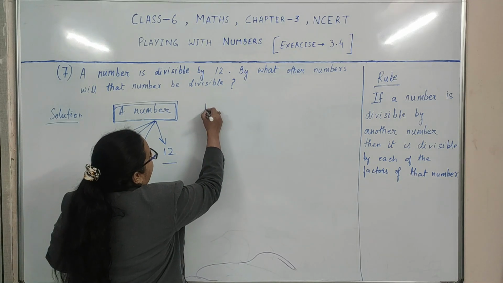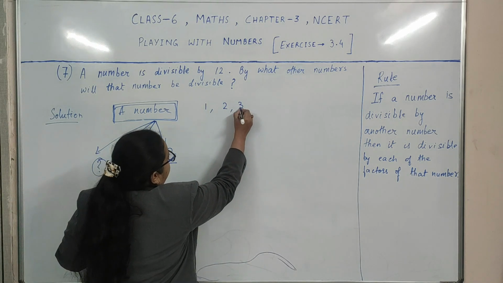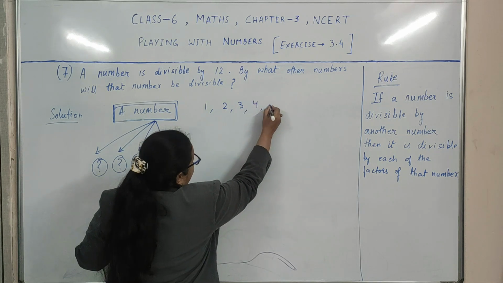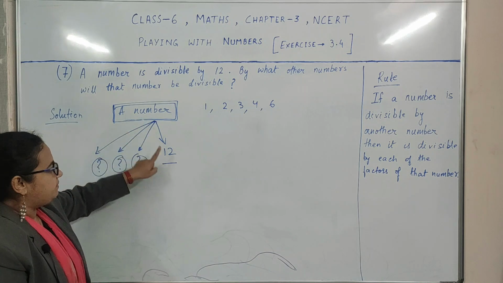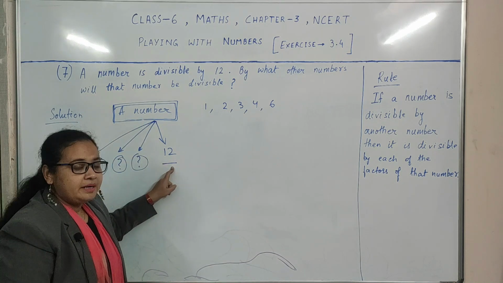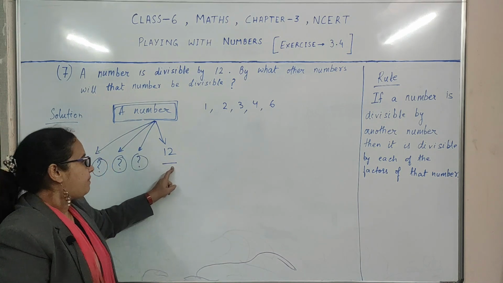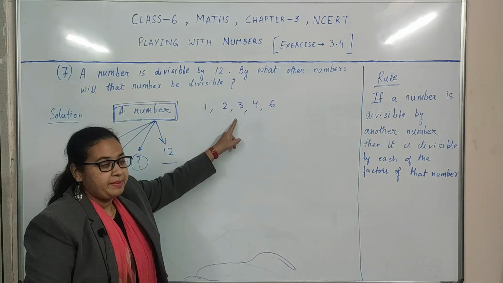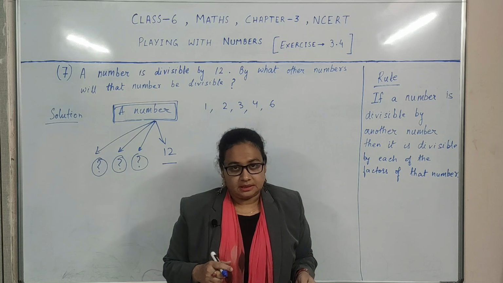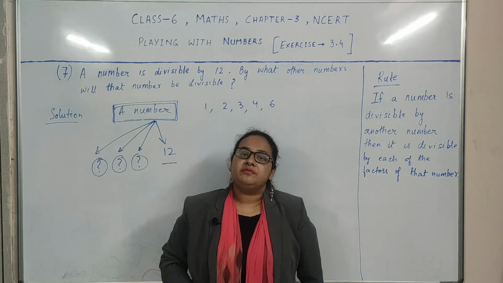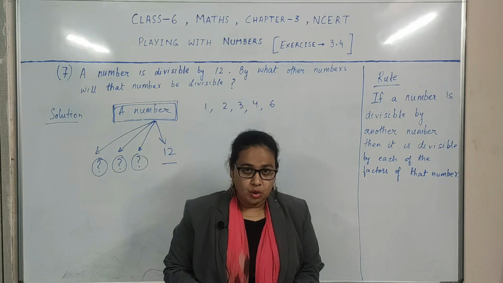The factors of 12 are 1, 2, 3, 4 and 6. It means if a number is divisible by 12, that number will also be divisible by these numbers, because there is a rule. We have learned the divisibility rule in this chapter, so we have to apply the divisibility rule in solving the questions.